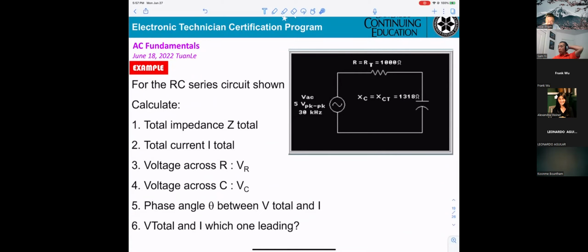Okay, so make sure you understand to be a technician. It's not only the time you're in the Zoom or the time you're in the lab.